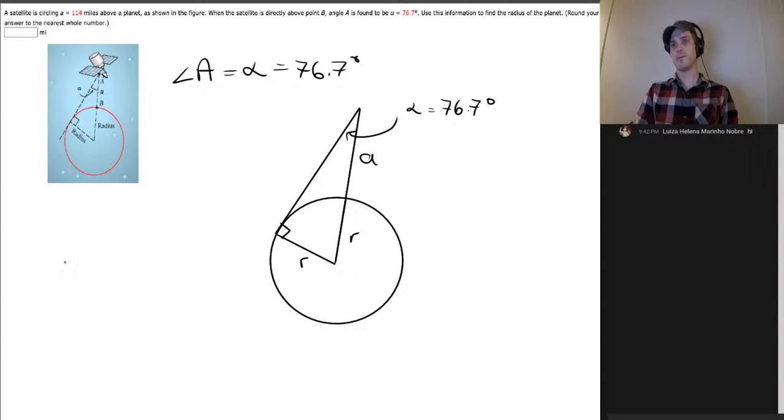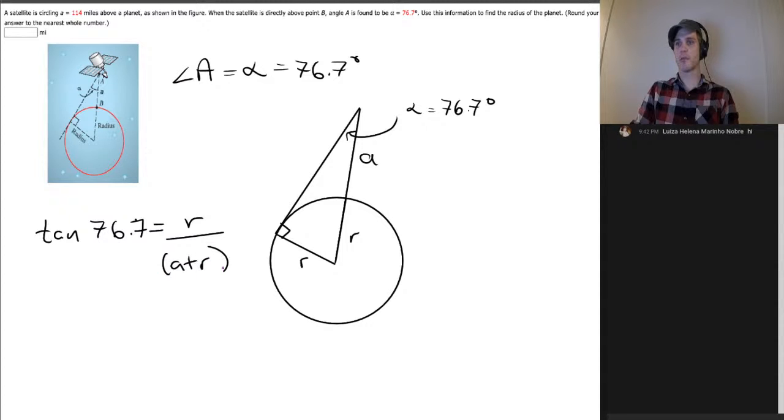Okay, so the tangent of 76.7 is equal to the opposite, which is r, over the adjacent, which is a plus r. I'm sorry, that's the hypotenuse. I'm using the wrong relationship. Okay, so the sine, rather, of 76.7 is equal to r over the hypotenuse, which is a plus r.